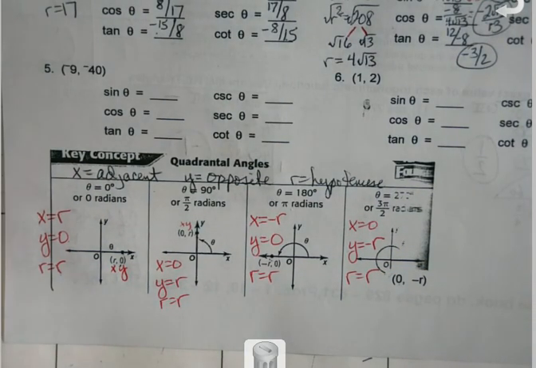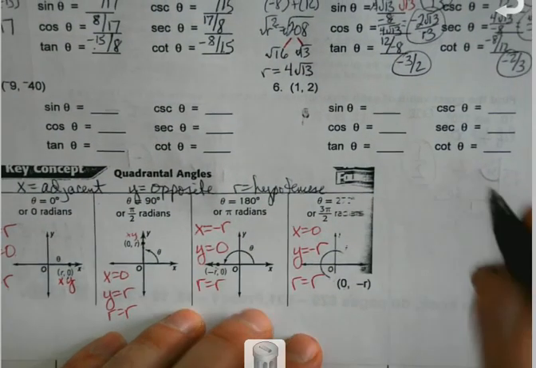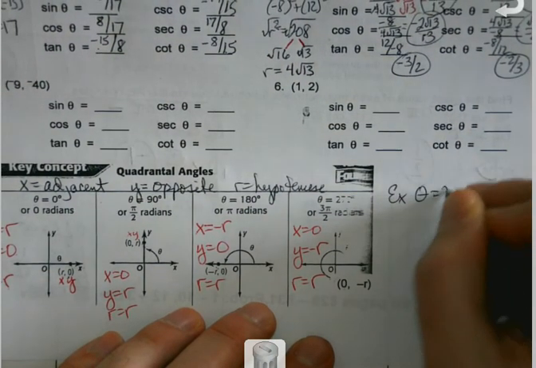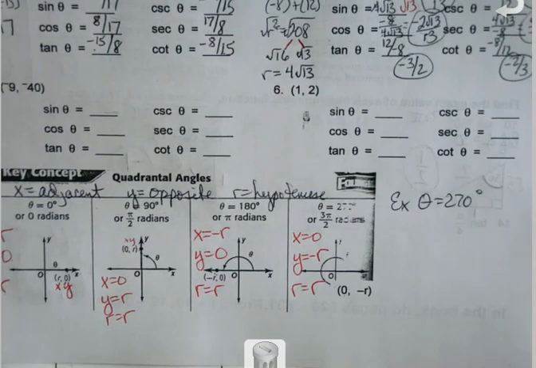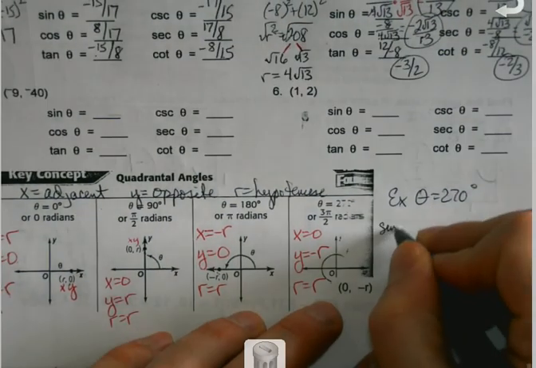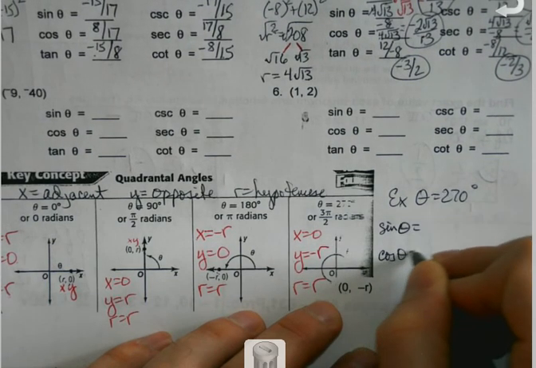So if I were asked to find any of my trig functions on one of these, let's say for 270, we were asked to find all 6 of your trig functions. Now, how would I do this? Well, we'll get all these jotted down.